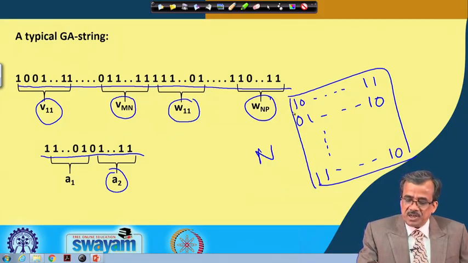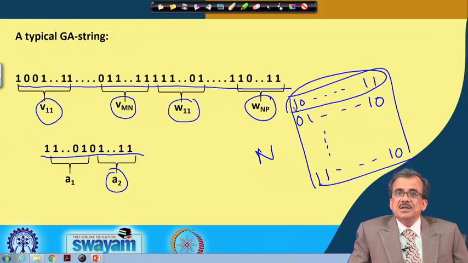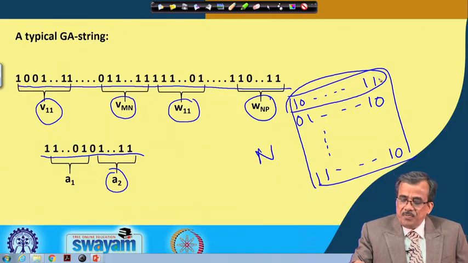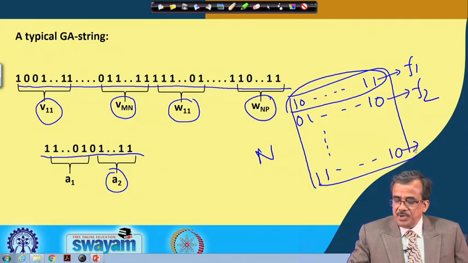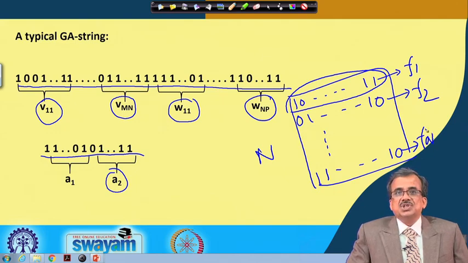Each GA string carries information of a network, and we will have to find out the fitness for the first GA string, the second GA string, and the nth GA string.